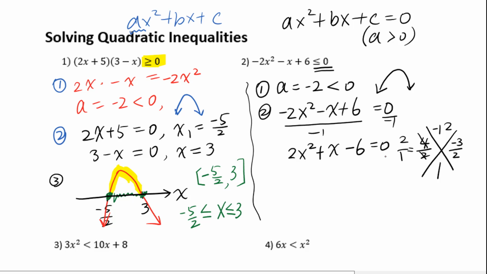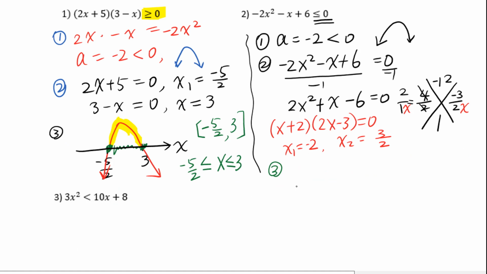Then we will put the x here, bottom up. You will get x plus 2 times 2x minus 3 equals 0. x1 equals -2. x2 equals 3 over 2. Then we draw the x-axis. Label these two roots.